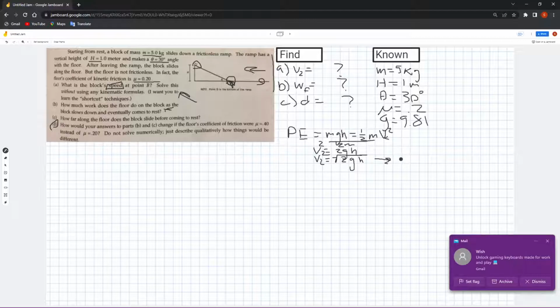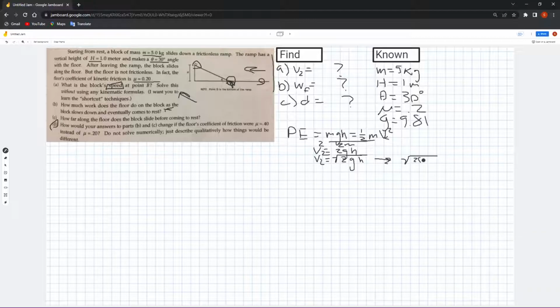We'll just get the square root of 2 times 1 times 9.81, which is just the square root of 2 times 9.81, which will give you 19.62.